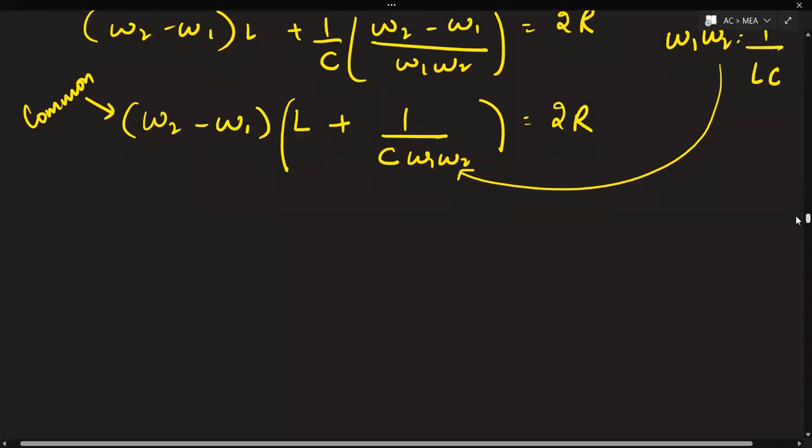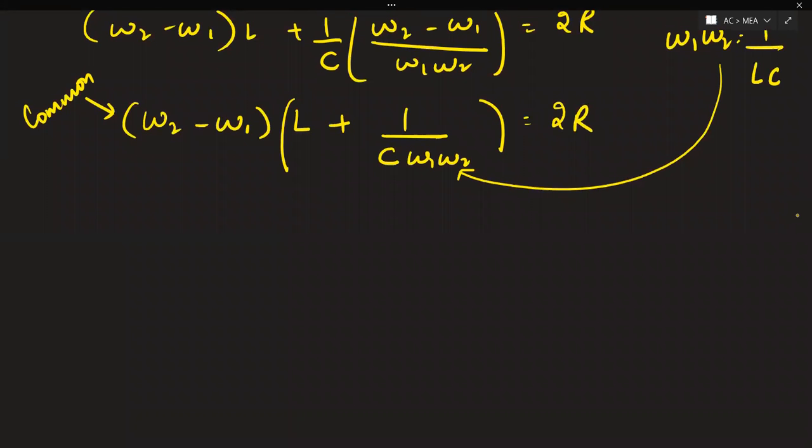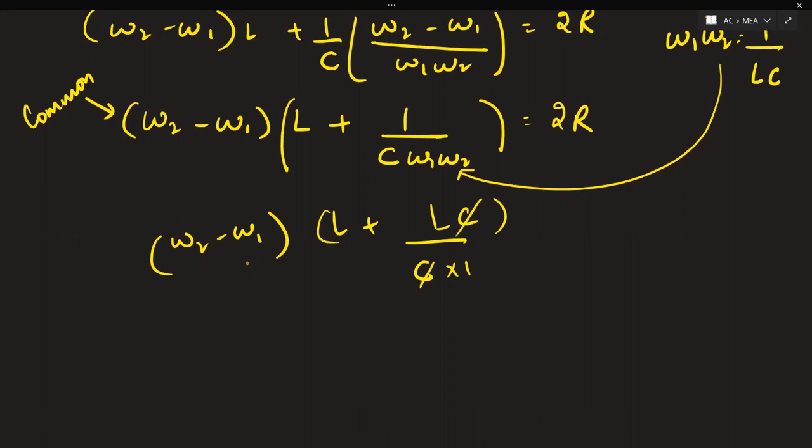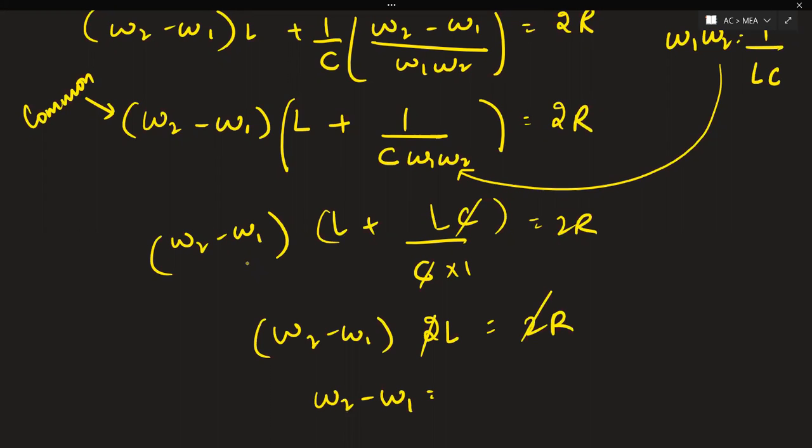So if you put it over here, you get omega 2 minus omega 1 times L plus 1 by C. Instead of omega 1 into omega 2, put 1 by LC. C gets cancelled. This becomes 2R. Omega 2 minus omega 1 times L plus L becomes 2L, is equal to 2R. 2 gets cancelled. Omega 2 minus omega 1 comes out to be R divided by L.